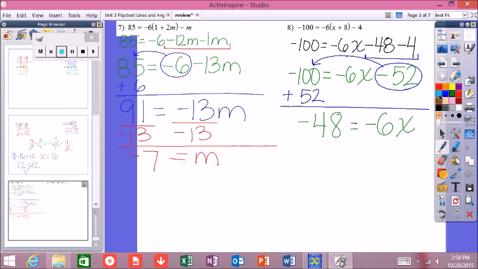Now that negative 6 term has an x. So the opposite of multiplying the x by negative 6 is dividing. X equals positive 8. Again, we need to check the solution.